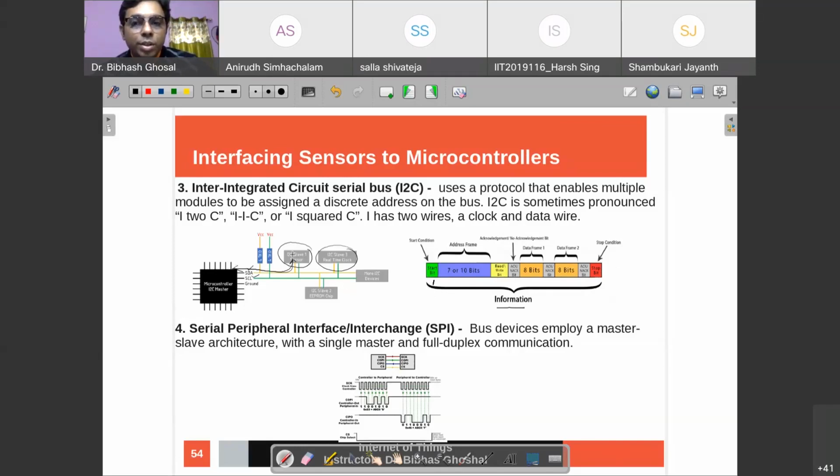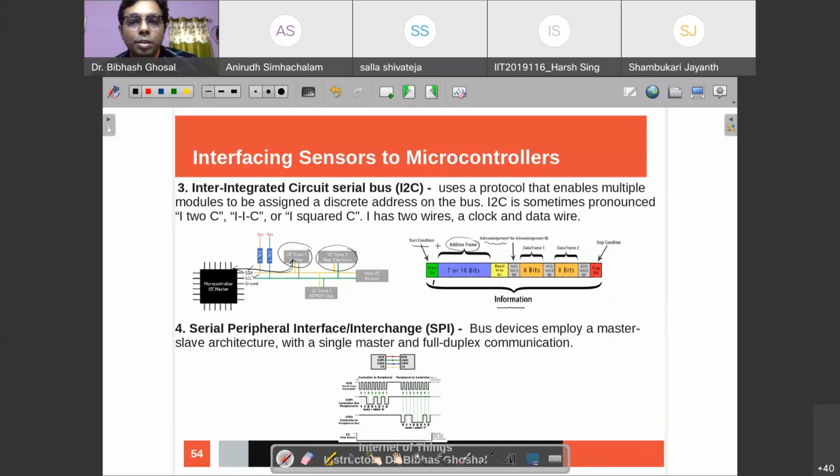You are sending to the slave, and whether it has been received correctly is indicated through the acknowledgement. It's like if you receive a letter, I send you a note saying that, okay, I received the letter. Whenever two devices communicate, there's a handshake. Then there's a data frame that will actually contain the data. This is about the address, because a lot of devices can be connected, so you have to identify the device, which requires an address.